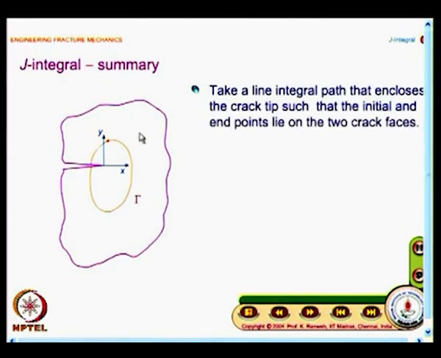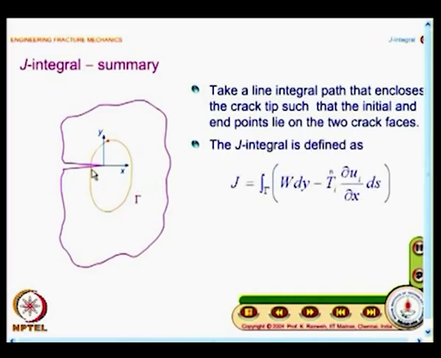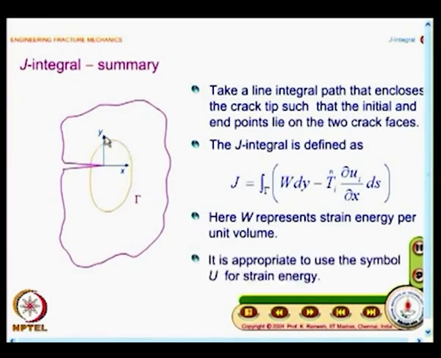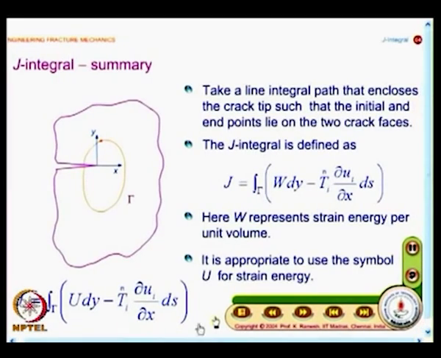I have a 2-dimensional cracked body. I start the contour from one of the crack faces and it ends in the other crack face, and the crack faces are not loaded, and the integral of the type J equal to W dy minus Tni dou ui divided by dou x into ds.